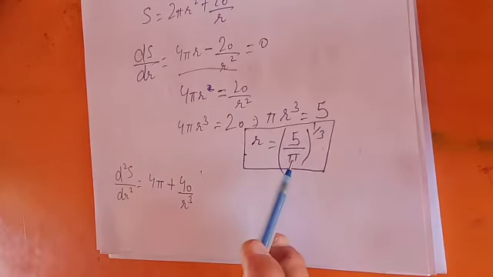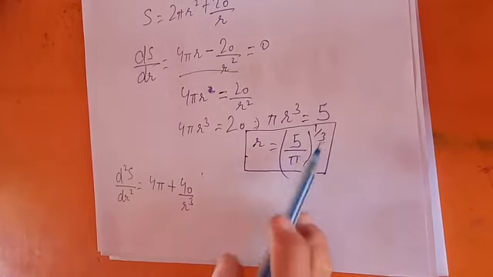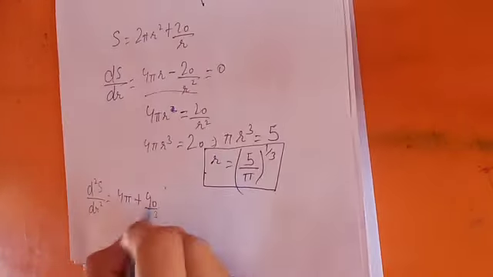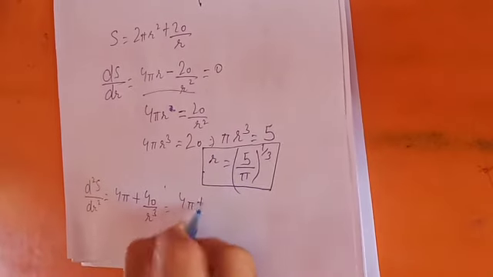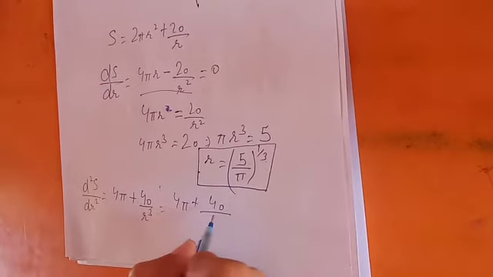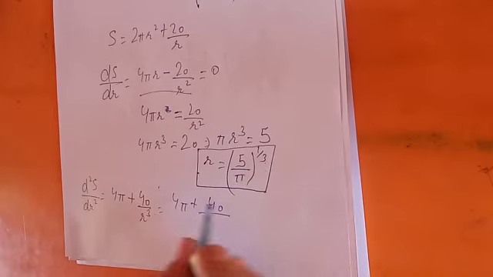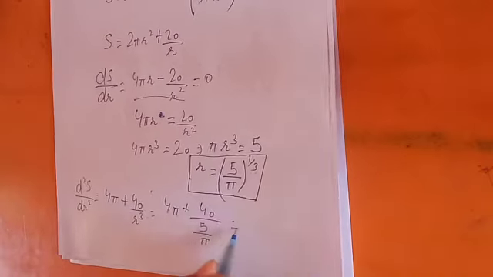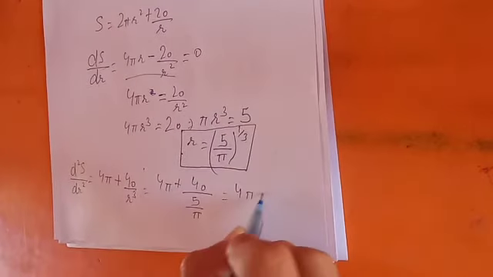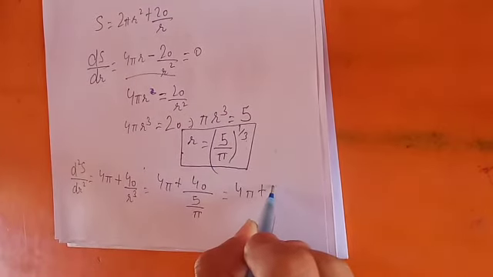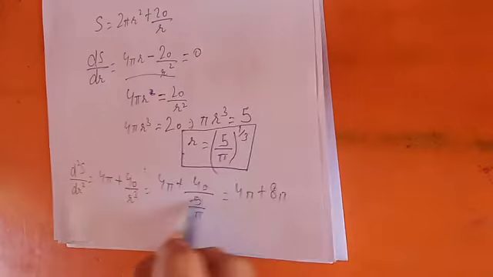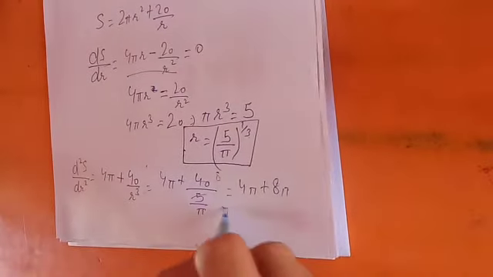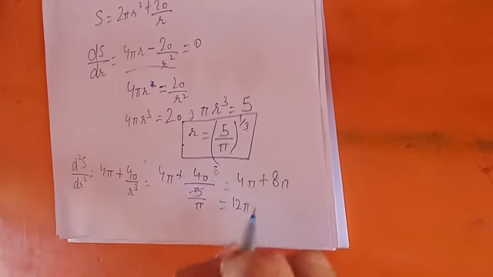Now if we put the value of r as 5 by pi all raised to power 1 by 3, I will get 4 pi plus 40 by r cube, and the r cube value will be 5 by pi. That will be 4 pi plus 8 pi, so it will be 12 pi. 12 pi means positive.